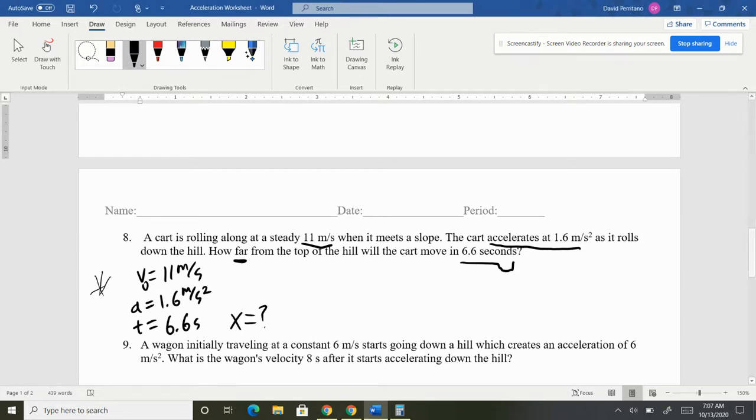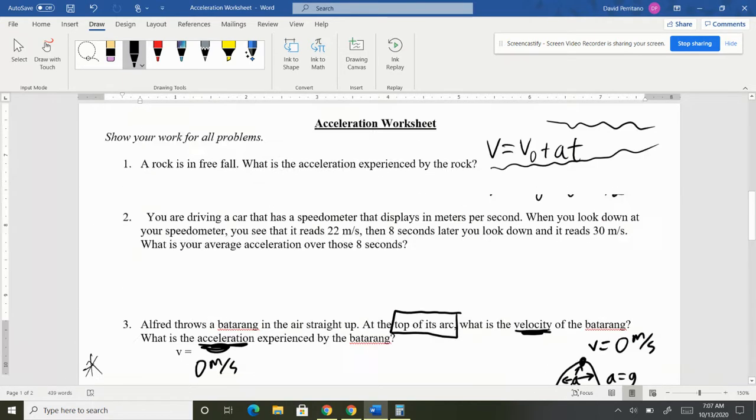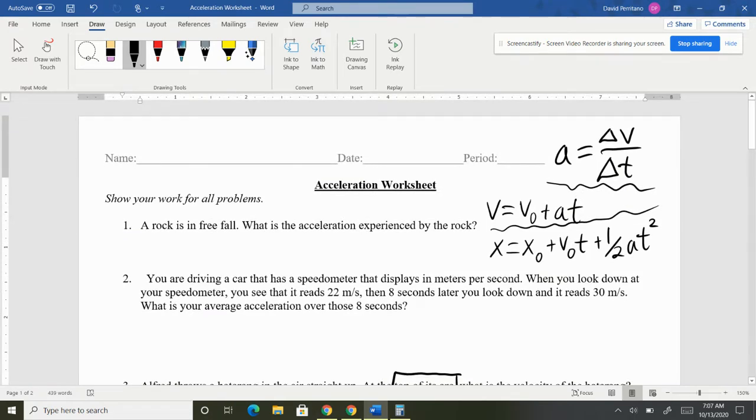So, really and truly, we're going to be using that x in this case. Now, I said this list is useful. We need to find something with x in it, maybe using these other variables. So we go back to our equations. And because we're trying to find position, how far something goes, which would be a change in position, really, we're going to use this equation right here, where x0 is going to be 0, because we're going to assume he starts at the origin.